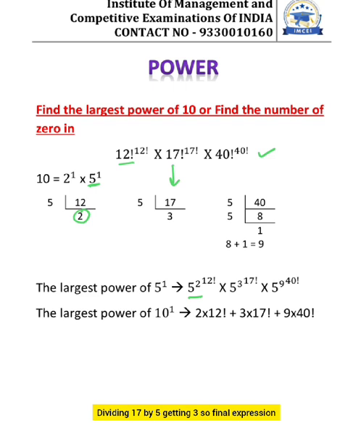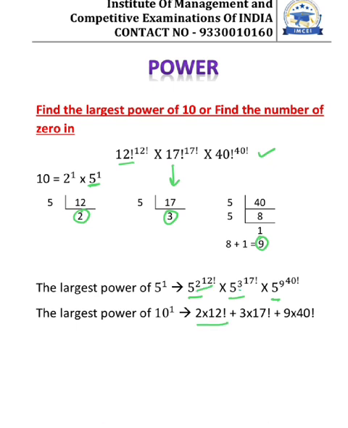Dividing 17 by 5, getting 3, so the expression is 5 cube to the power 17 factorial. Dividing 40 by 5, getting 9, the expression is 5 to the power 9 into 40 factorial. As all the bases are the same, we just need to add the powers: 2 into 12 factorial plus 3 into 17 factorial plus 9 into 40 factorial, which is the largest power of 10.